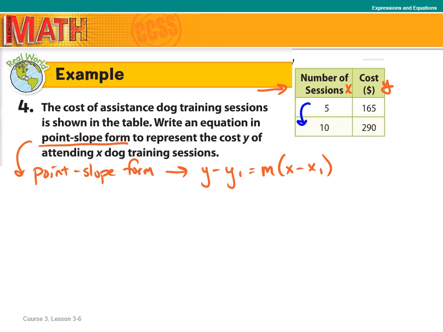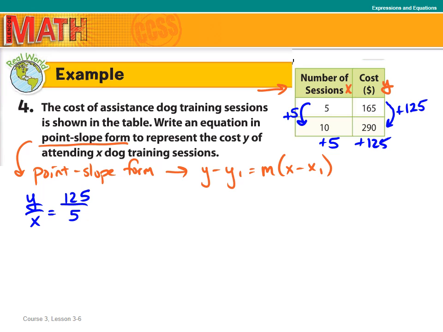My rate of change for the number of sessions goes from 5 to 10, plus 5. From $165 to $290, plus $125. So we're going to take y over x to find my slope, and that's going to be 125 over 5.